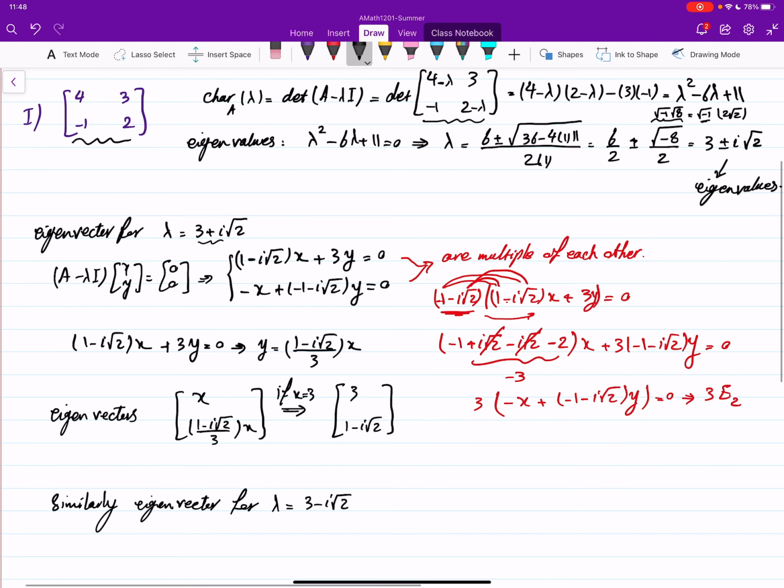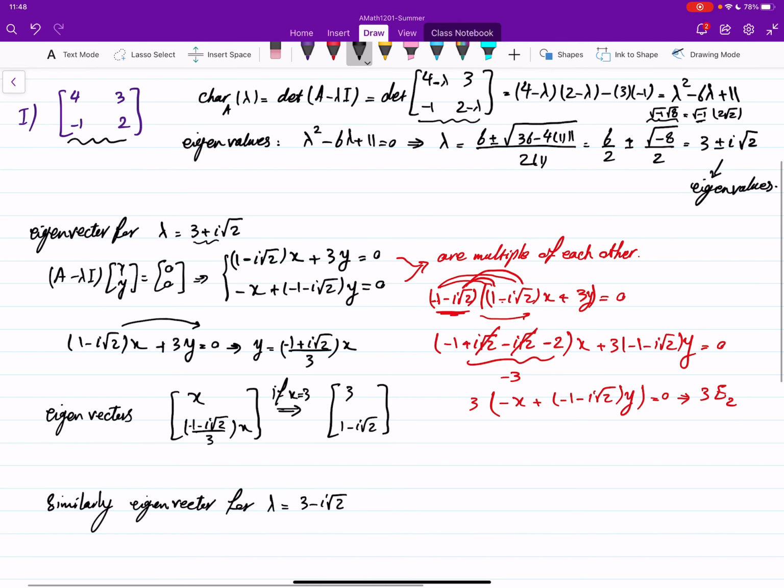Did I make a mistake? Yes, I did make a mistake. This should be negative because I'm taking that to the other side. So this must be plus and that must be like that.